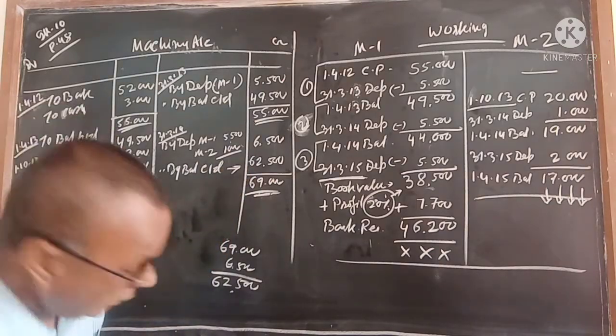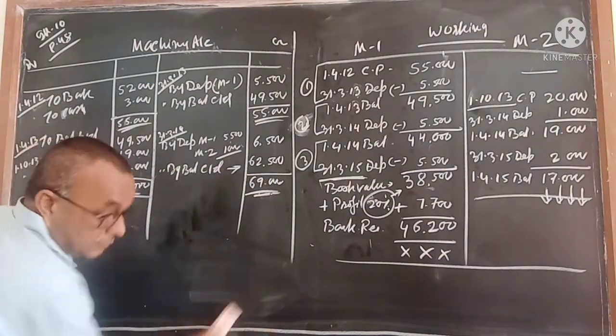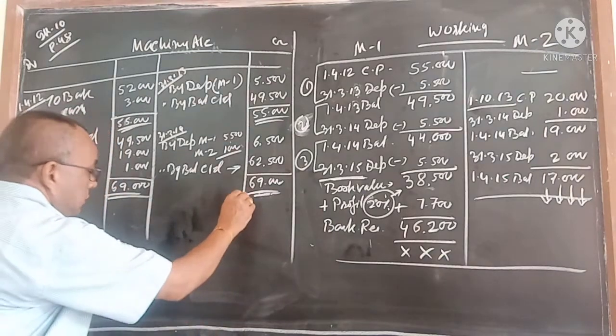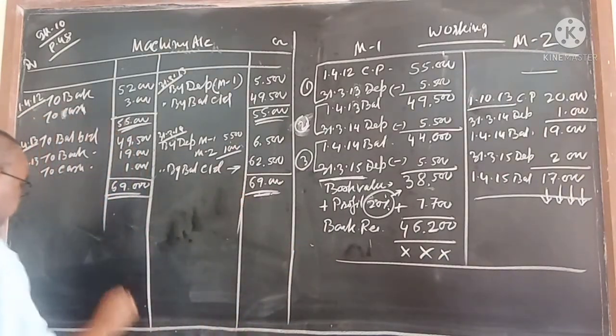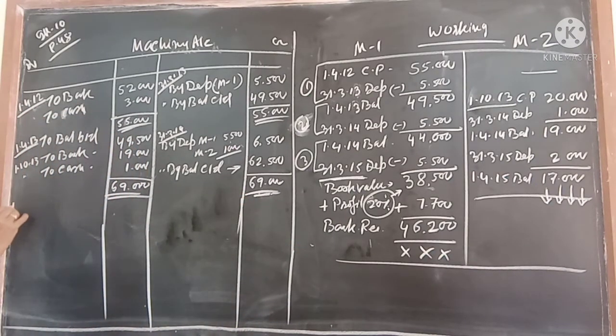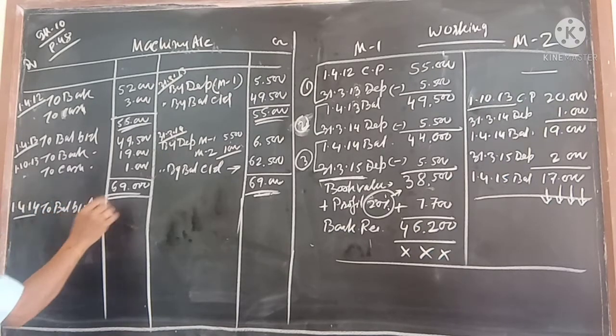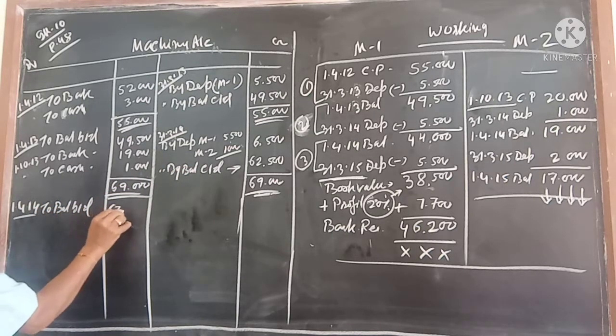Now we will go for the third year. Keep in mind, in the third year you sold the first machine. First you write the balance of 1/4/14, to balance BD. How much are you getting? 62,500. 62,500 is the balance of both machine 1 and machine 2.